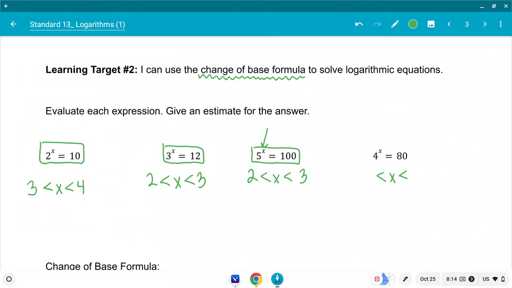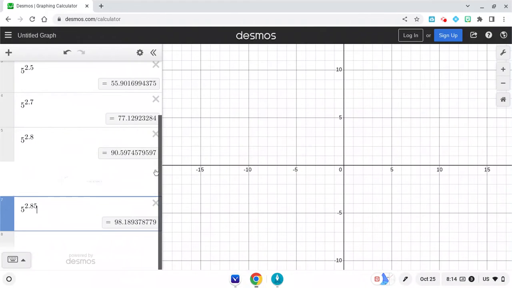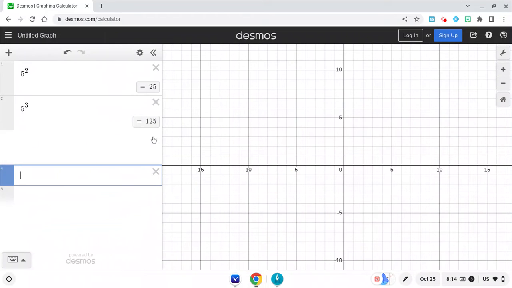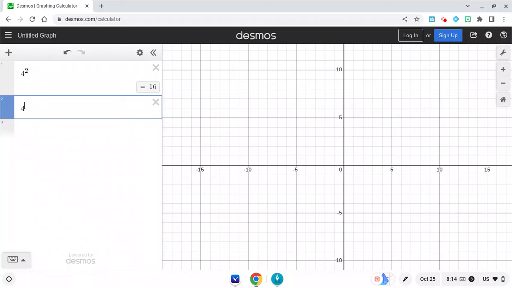What's the last one here? 4 to what power is 80? Okay, let's get these guys gone. Because now I want my base to be 4. Ooh, still not high enough.